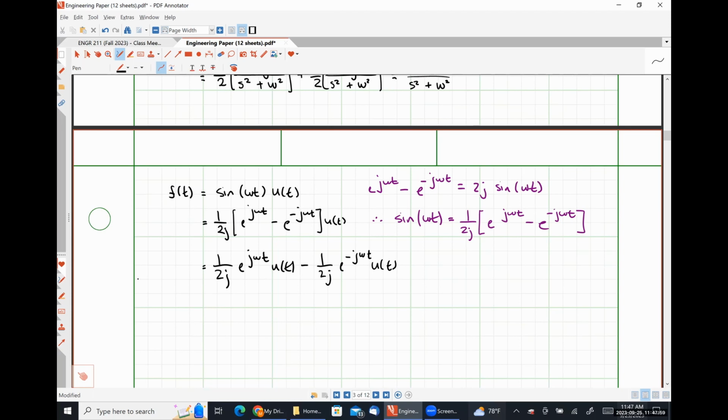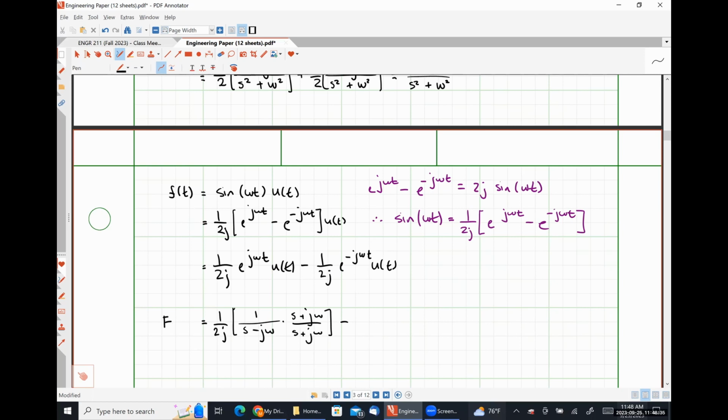So what should the Laplace transform of the first part be? It's going to be damn near identical to what we just did. So I believe we should have 1 over 2j times 1 over s minus j omega. I'll go ahead and put this part here: s plus j omega over s plus j omega.